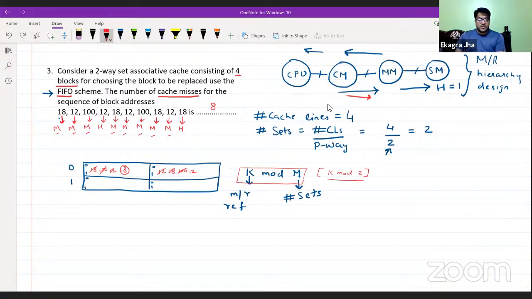Fine. This is how you do these types of questions. So you need to calculate the number of sets, then you must have the mapping function, and to replace the existing items you must have some scheme, either FIFO or least recently used.